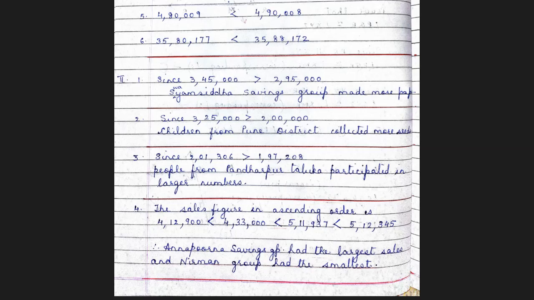Now go to the 2 numbers with 5 as the first digit. The second digit is 1 for both. Go to the third digit, 1 and 2. Therefore, 5,11,937 is smaller than 5,12,345. So you arrange all 4 in this order, 4,12,900 being the smallest, 5,12,345 being the greatest. Therefore, Annapurna Savings Group had the largest sale and Nirman Group had the smallest.